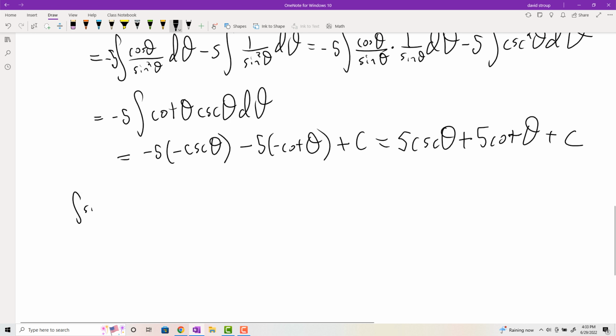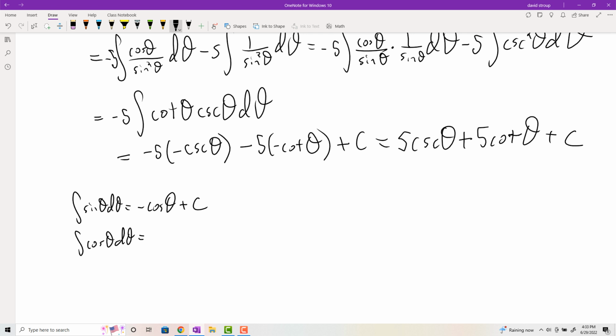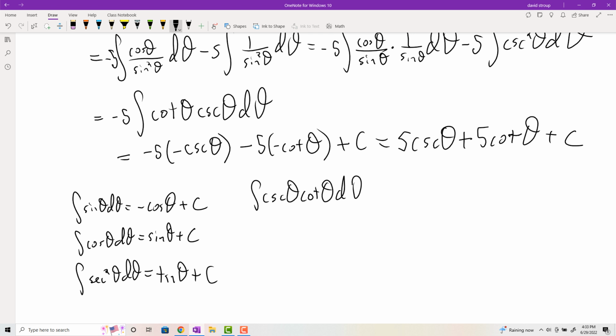So you have to know all your basic integrals again. Hate to go through them again, but all the basic trig integrals: the integral of sine theta d theta is negative cosine theta plus c. Integral of cosine theta d theta, of course, is sine theta plus c. Integral of secant squared theta d theta is tan theta plus c. And then you have all these things like cosecant theta cotan theta, which is what we were just dealing with above.